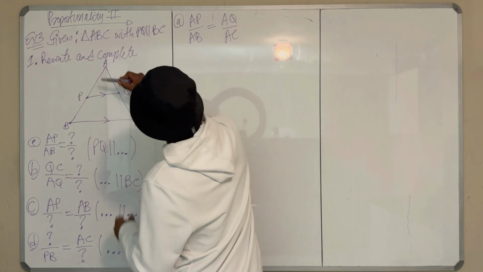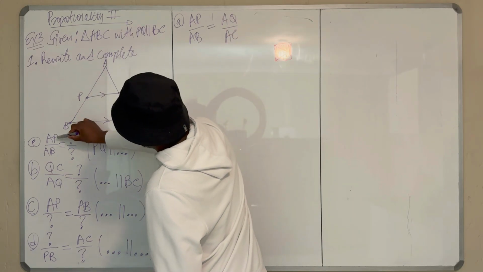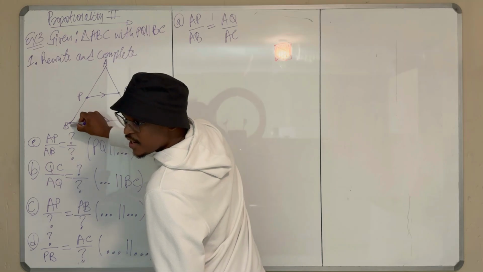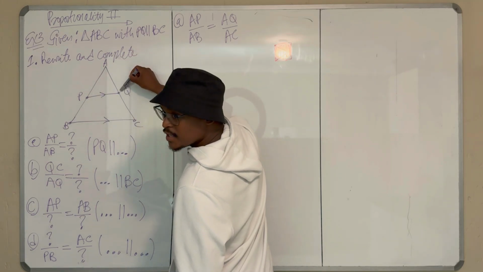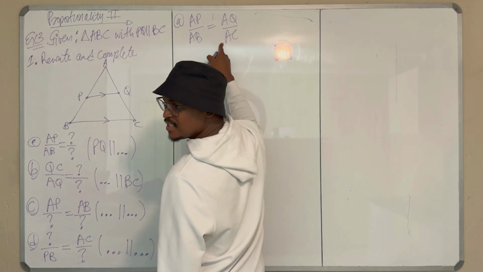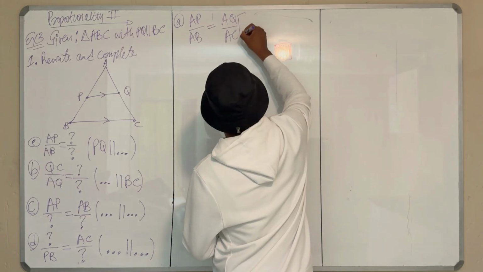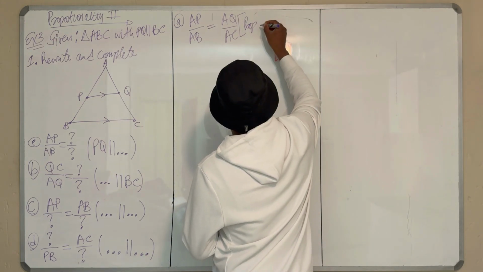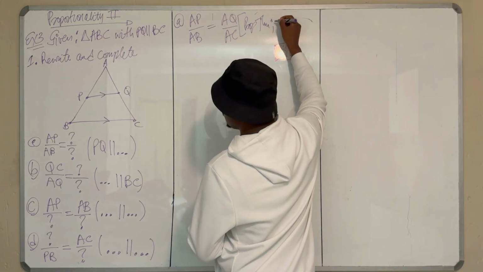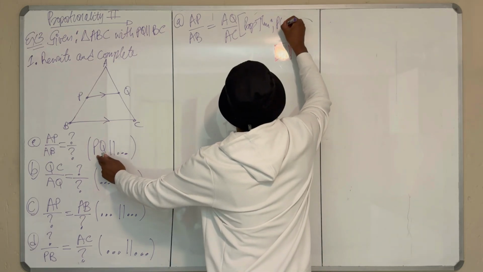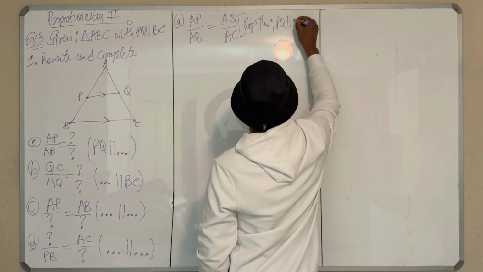So you said the top part AP over AB, that's what you were given. So it's going to be equal to the other top part over the entire side AC. Why? We're applying the proportionality theorem, because PQ is parallel to BC.